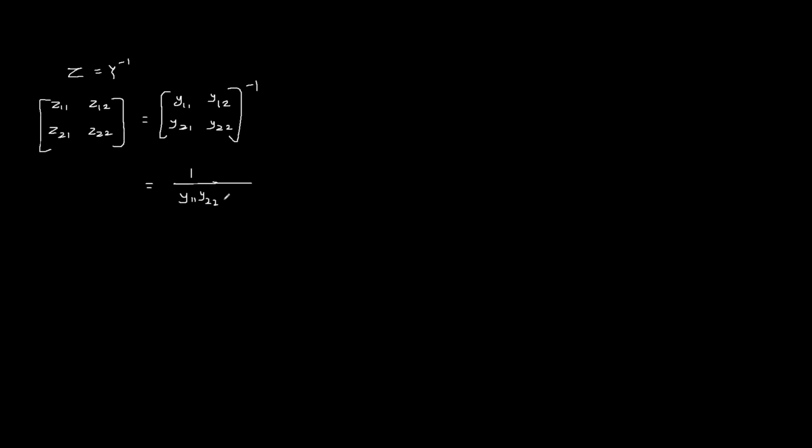So Z matrix is Z11, Z12, Z21, Z22. That is equal to inverse of y11, y12, y21, y22. So how to find out the inverse? This is 2 cross 2 matrix. So 1 by determinant of this Y matrix, which is y11, y22 minus y12, y21, and then adjoint of this matrix.